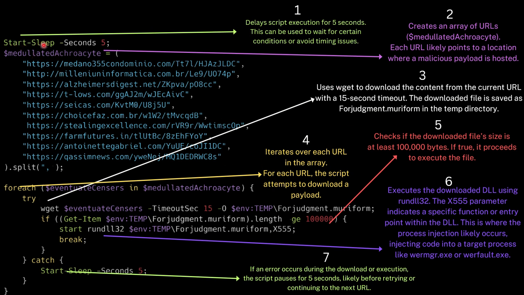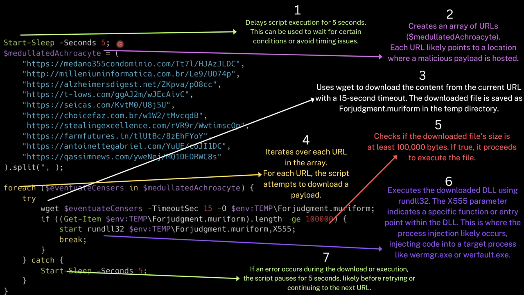Like start sleep, this commandlet delays the execution of this script, and my hypothesis is that this was used as a defense evasion technique, because the moment the PowerShell.exe process was started and the script was called, for 5 seconds nothing happens.